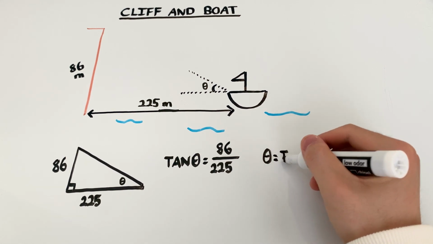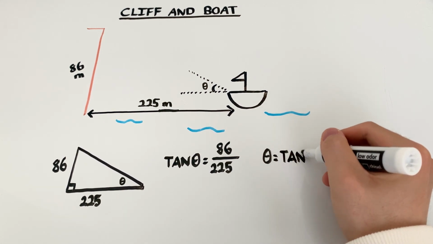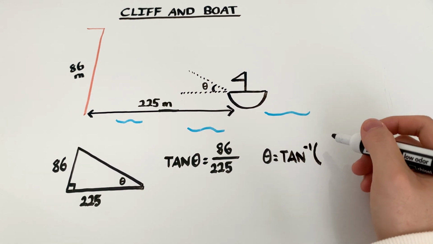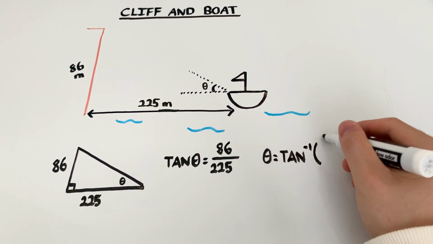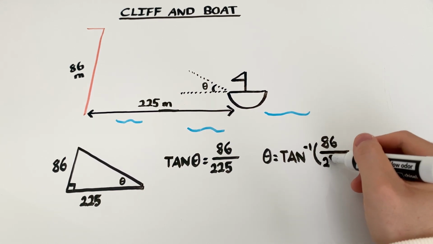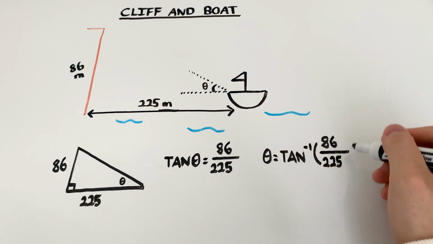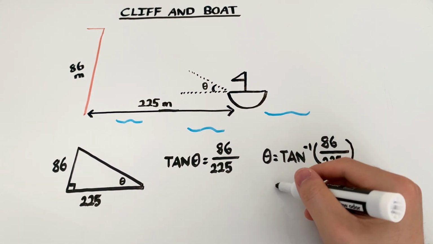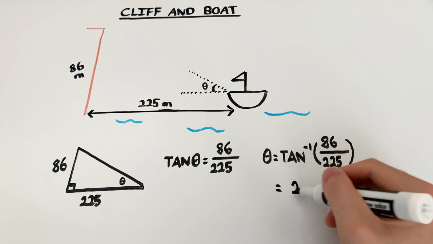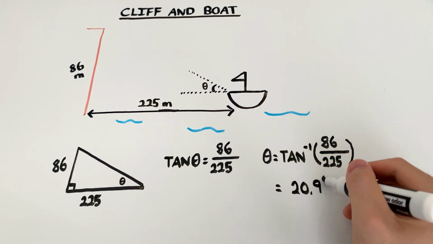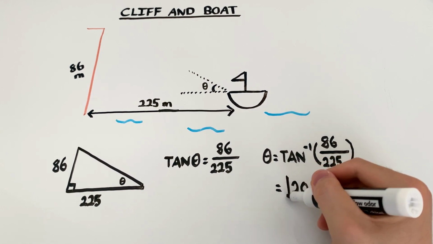So not the regular tan, but the inverse. So in your calculators, you're going to input something like this. The inverse tan of 86 over 225. And once you do that, you can find the new angle of elevation to be 20.9 degrees.